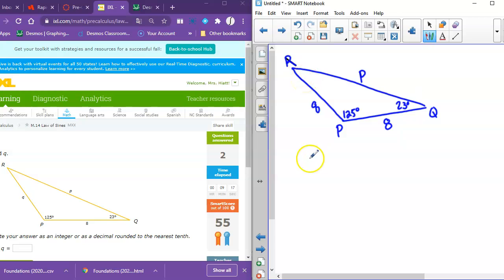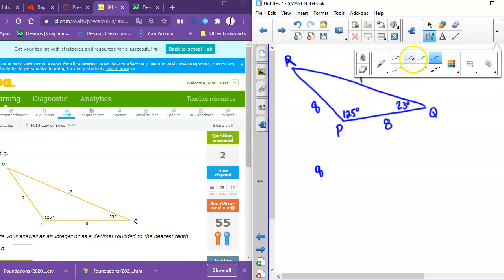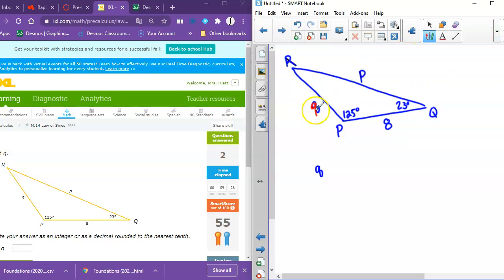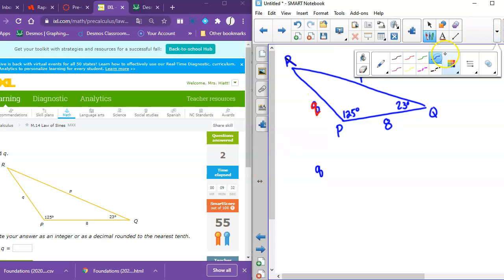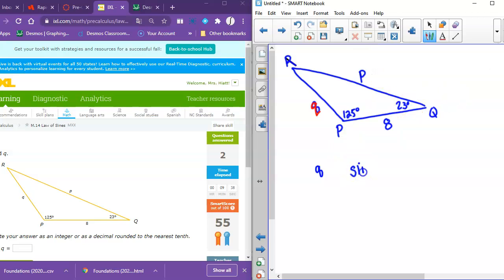And this question asked me for Q. So Q is the side that I'm looking for right here. That's not an 8. It's a Q. So Q right here is what we're looking for. So if you notice here, we do have the angle across from Q. So I know I'm going to have sine of 23 degrees over Q. We don't know what Q is.